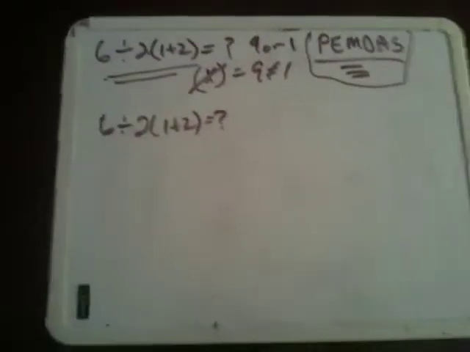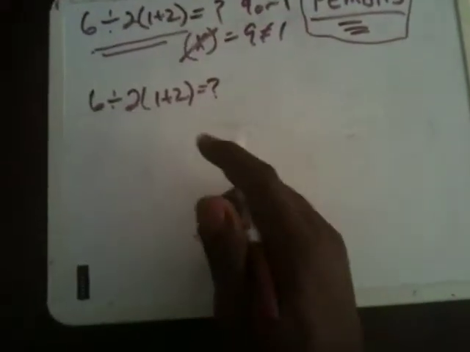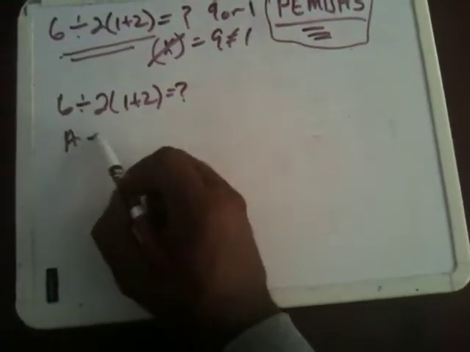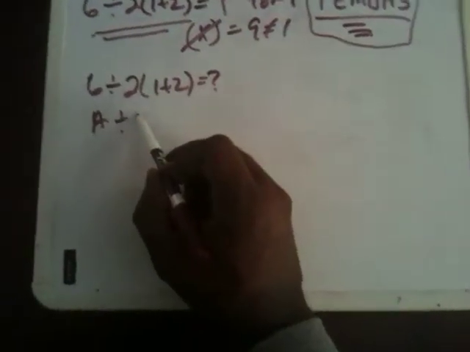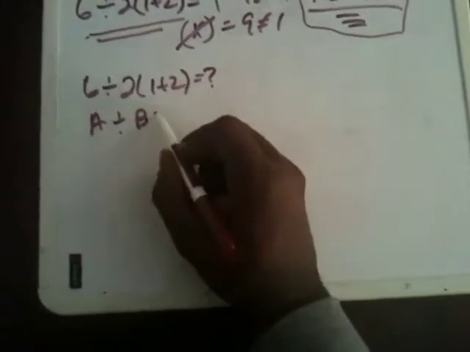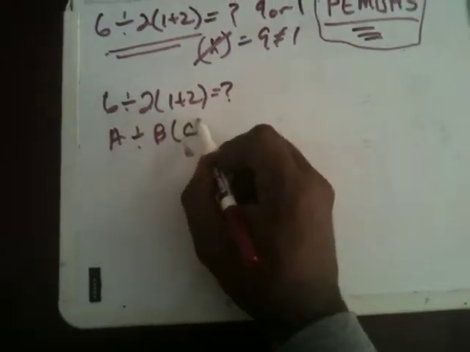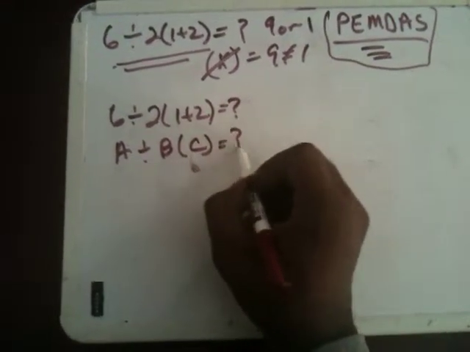It's simple. The way that we break this problem down in its simplest form is A divided by B times C is equal to what?